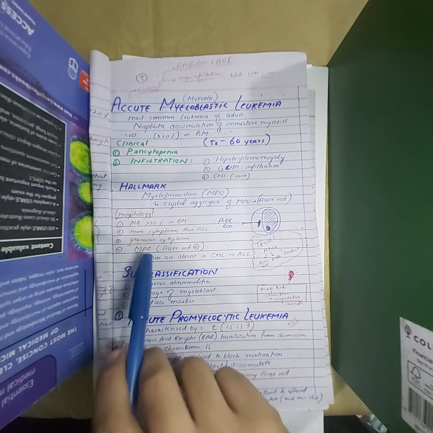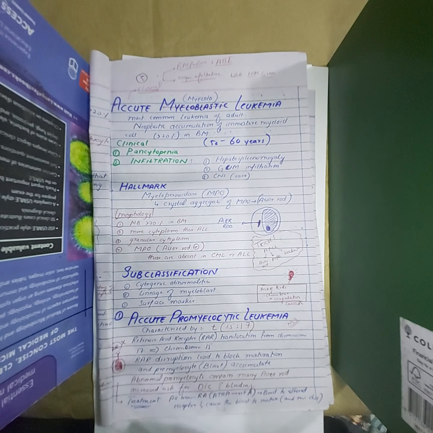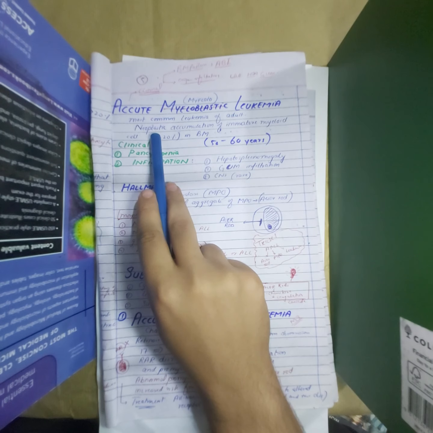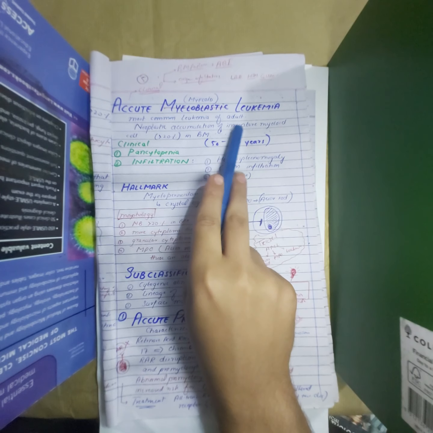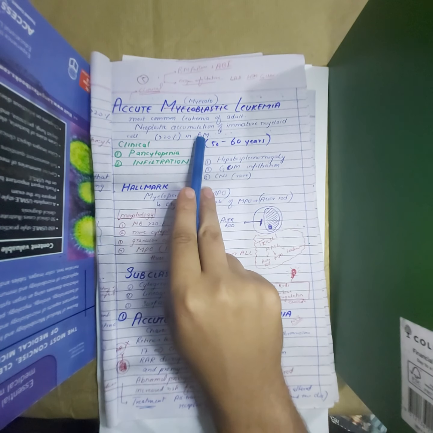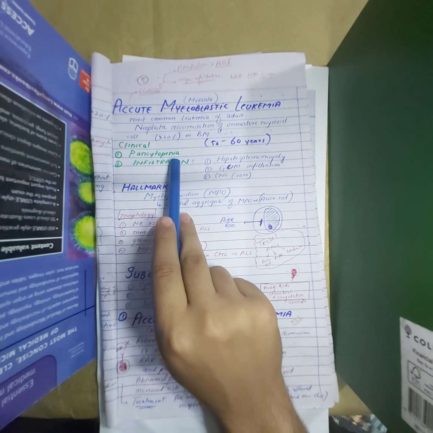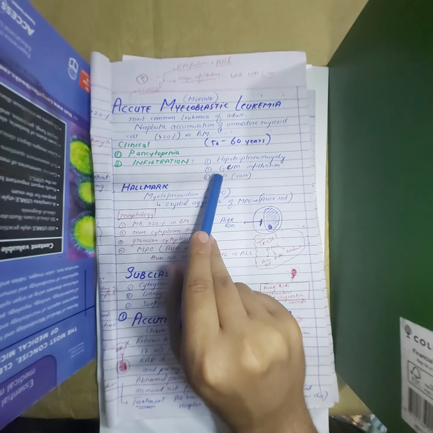Here I'm going to present acute myeloid leukemia from the notes. It is the most common leukemia of adults, with neoplastic accumulation of immature myeloid cells in the bone marrow. The clinical presentation is pancytopenia and infiltration, as I explained earlier.